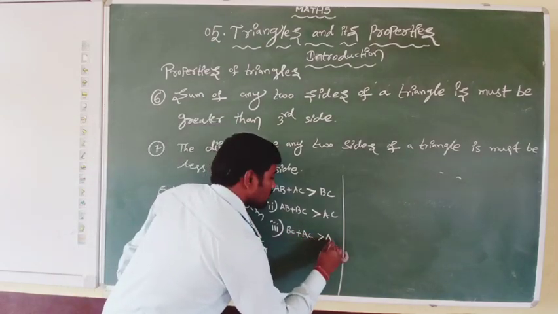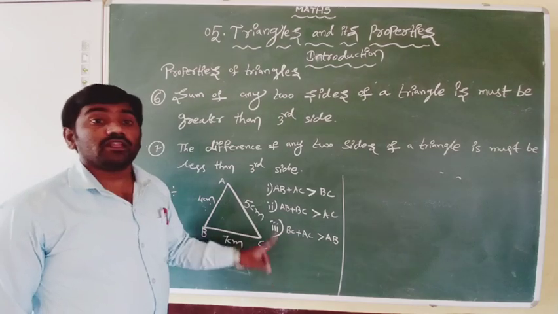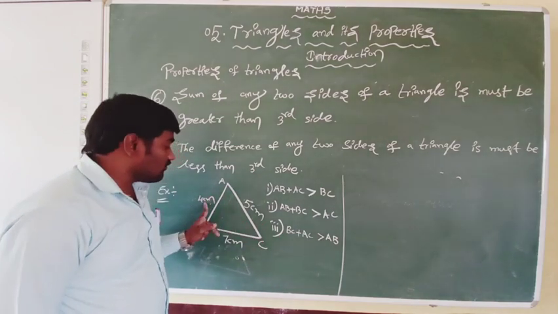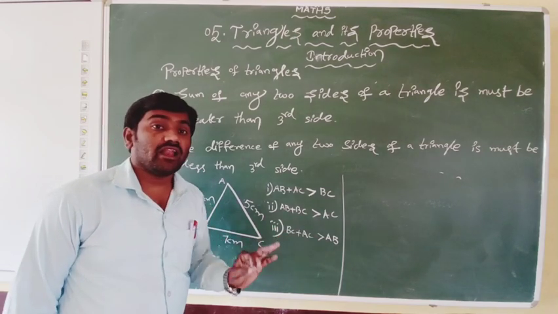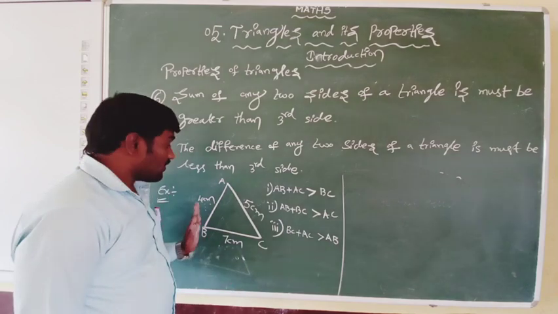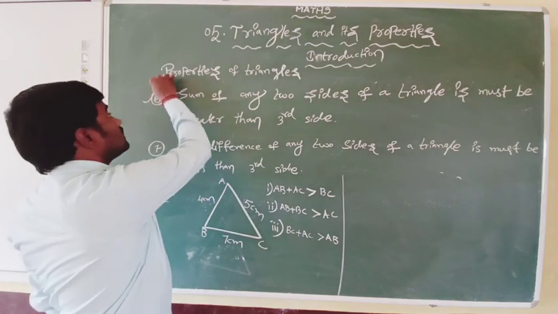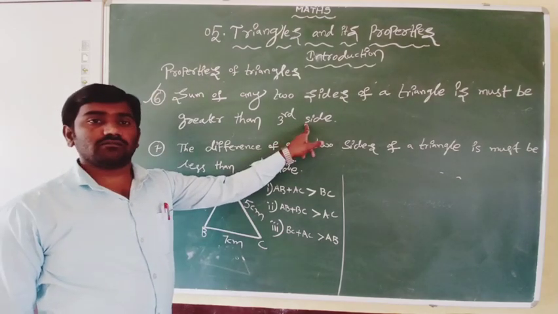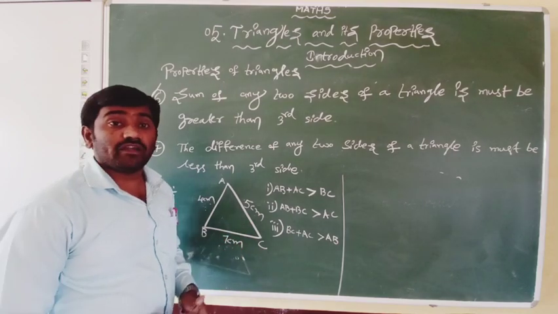So it is greater than AB. These three conditions must be followed. Then only the given measurements 4 centimeter, 5 centimeter and 7 centimeter can form a triangle, or else they cannot form a triangle. They form a triangle when the sum of two sides is greater than the third side. Add any two sides, and if it is greater than the third side, they will form a triangle.